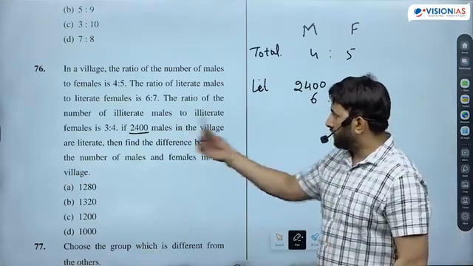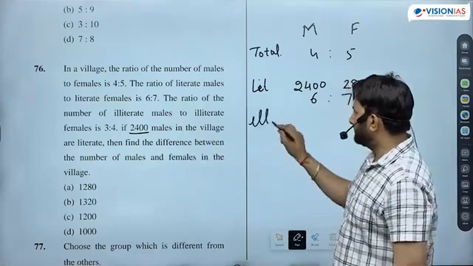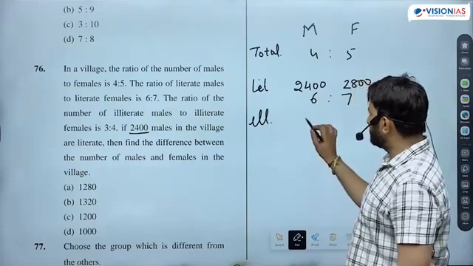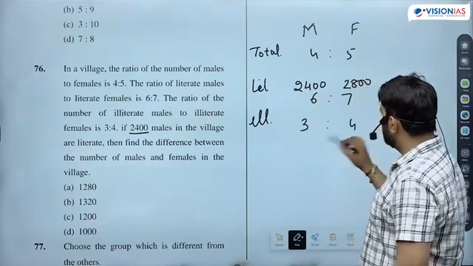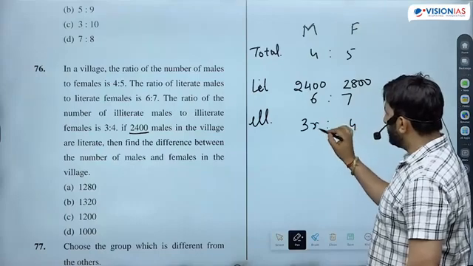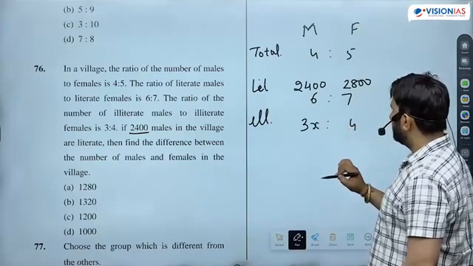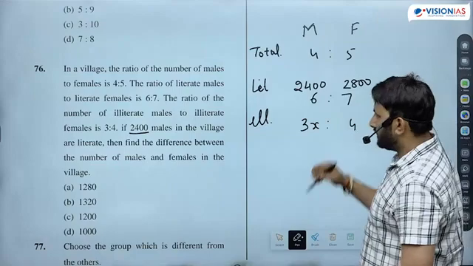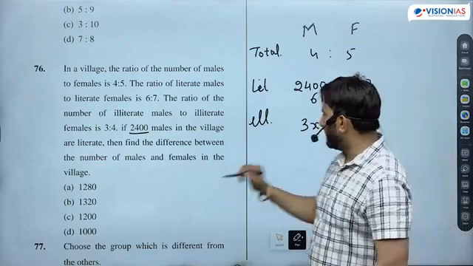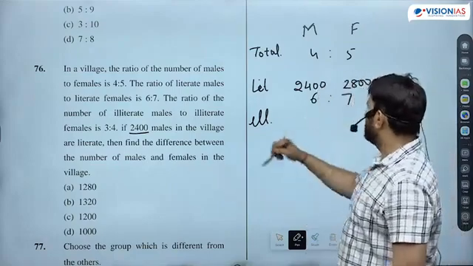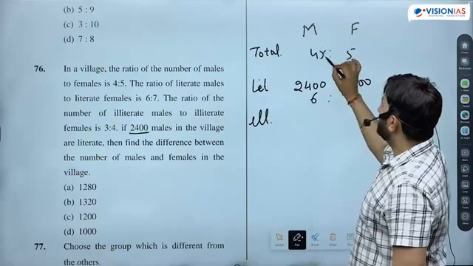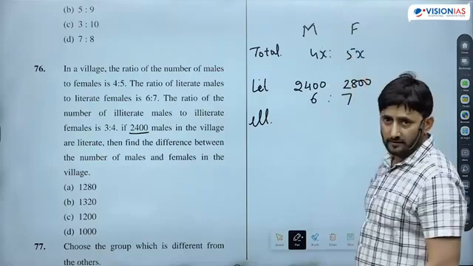The ratio of the number of illiterate is 3:4. So considering the number of illiterate male is, हमें क्या बताना? Difference between the number of male and female. Let there be 4x male and 5x female.